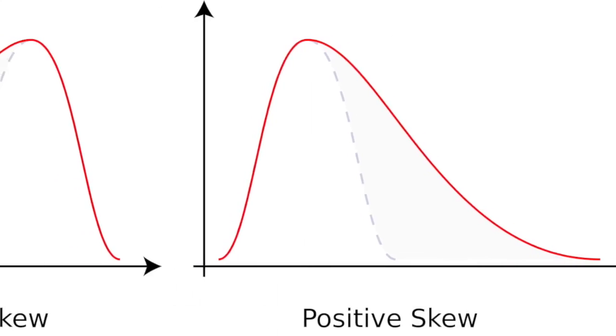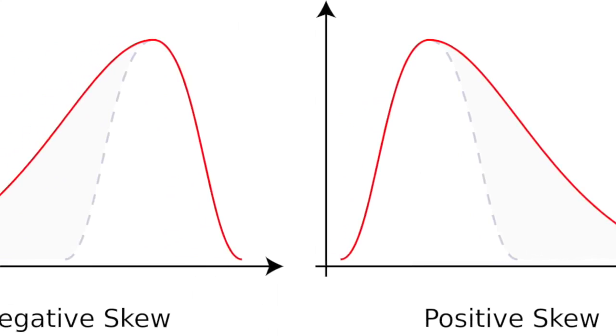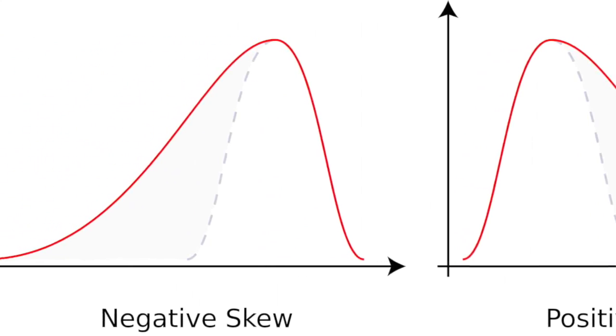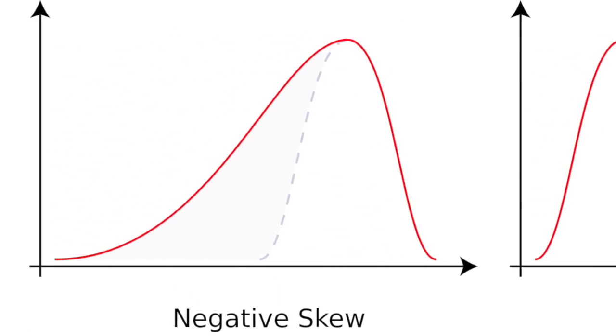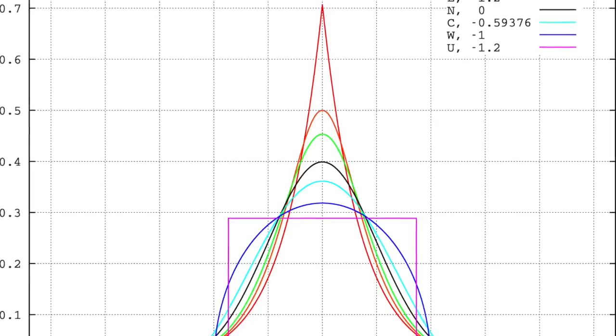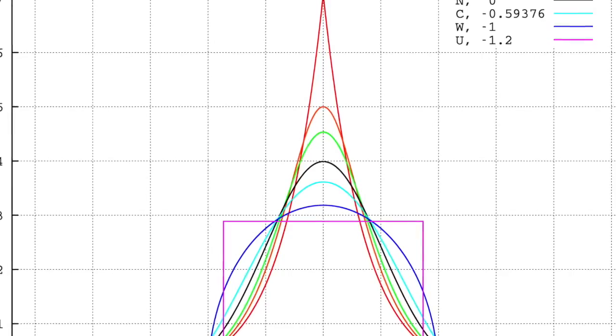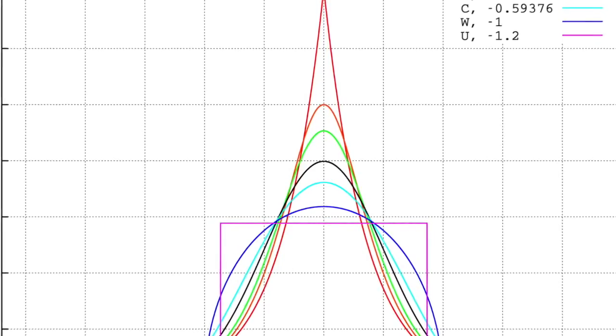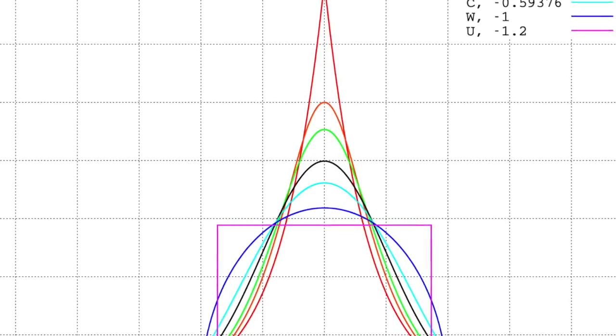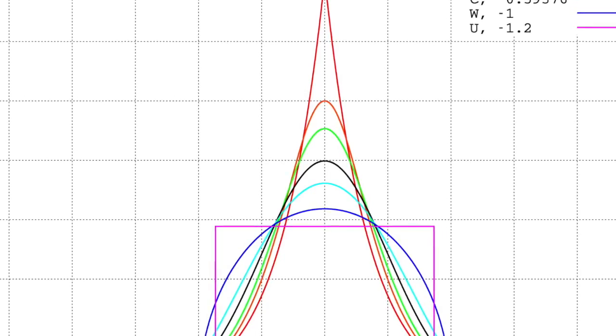Skewedness is whether the normal distribution is leaning from one side to another side. Kurtosis is about the shape of the normal distribution, whether it's flat or whether it's pointier. And unimodality, as in just one mode, one peak.